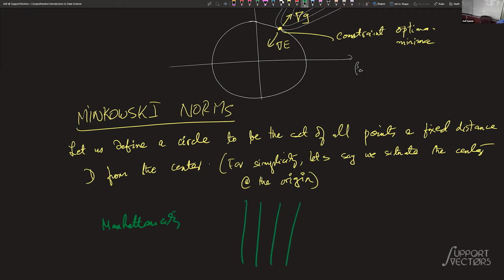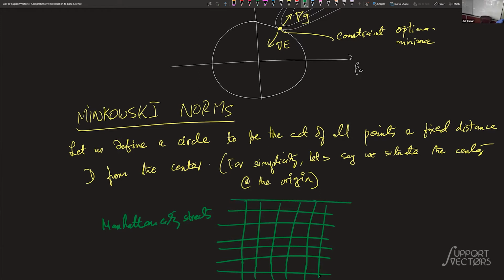Grid. Streets. Do they look like this? Isn't it? Let us say that you are a taxi driver. Well, these days, taxi drivers are becoming an extinct species. So let's say one of these Uber, Lyft, and whatnot drivers, right? We'll use the word taxi driver as generic for all of them.